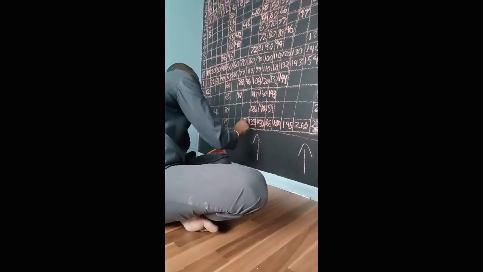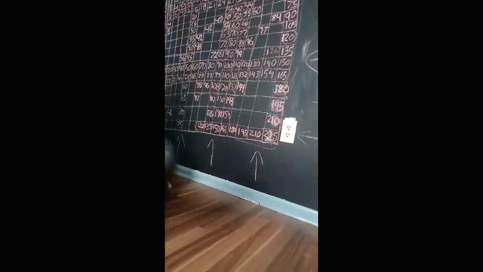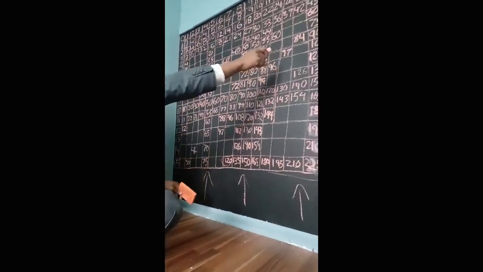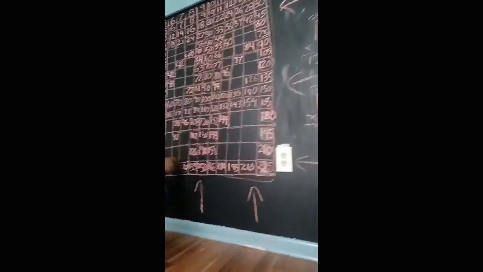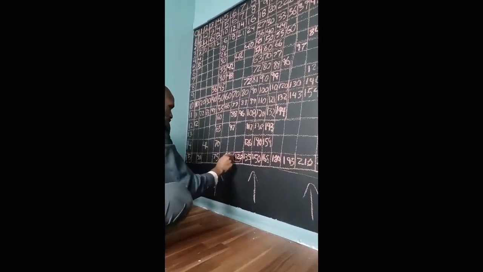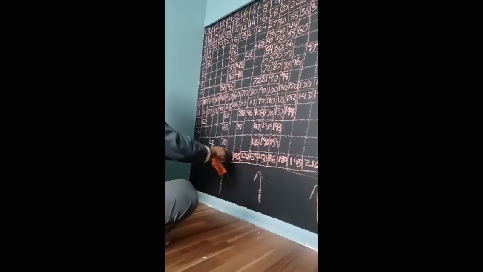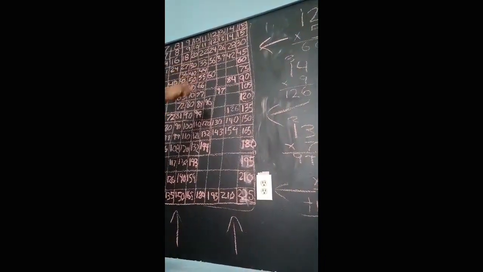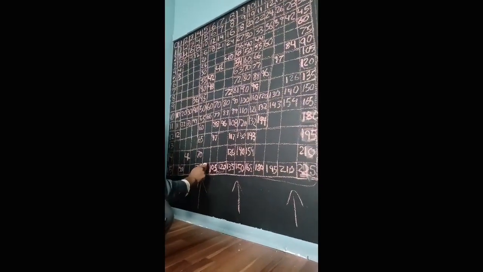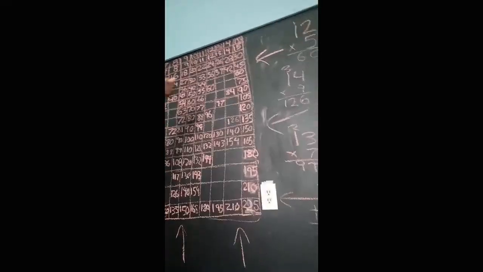This should be 120. This should be 105. This should be 90. This should be 75. This should be 60.